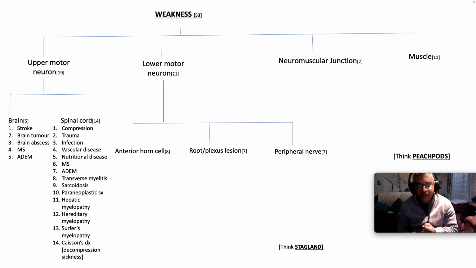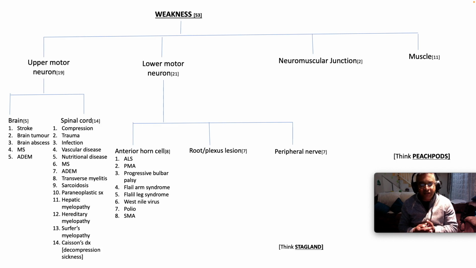Spinal cord compression, which can be intradural or extradural, trauma to the spinal cord, infection within the spinal cord like transverse myelitis, vascular disease like anterior spinal artery occlusion, nutritional disease like vitamin B12 deficiency, multiple sclerosis and ADEM once more, transverse myelitis, sarcoidosis, a paraneoplastic syndrome affecting the spinal cord, hepatic myelopathy, hereditary myelopathy, and caisson disease, which is decompression sickness.